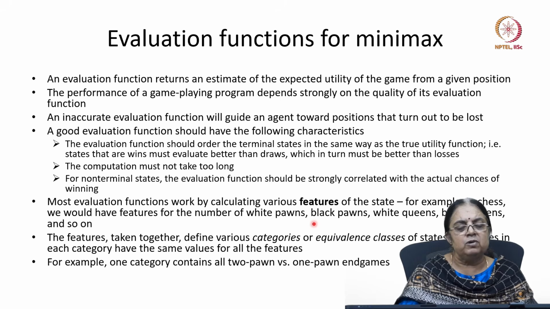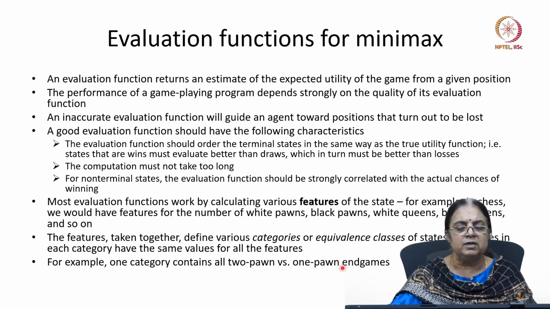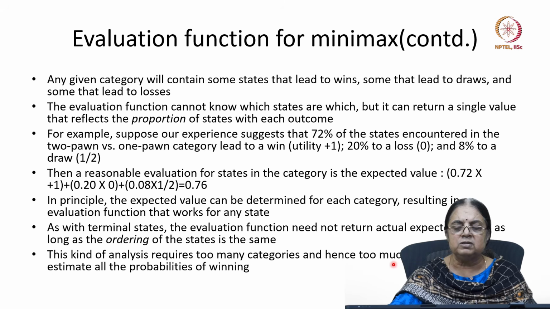So how do you go about doing this? The evaluation function, you need to actually make it run for a number of experiments and see what will happen. Suppose our experience suggests that 72% of the states encountered in the 2 pawn versus 1 pawn category lead to a win, 20% to a loss, and 8% to a draw. Then a reasonable evaluation for states is 0.72 times 1 plus 0.2 times 0, plus 0.08 times a half.